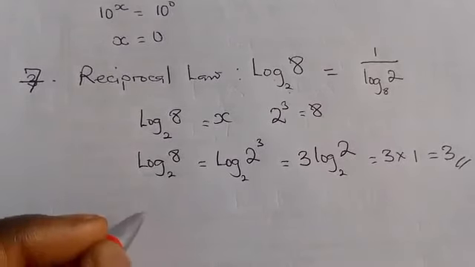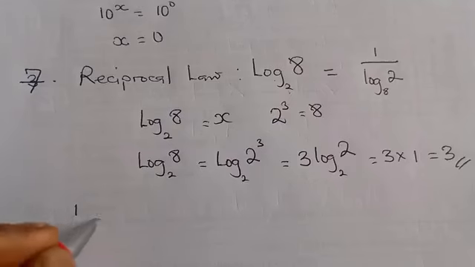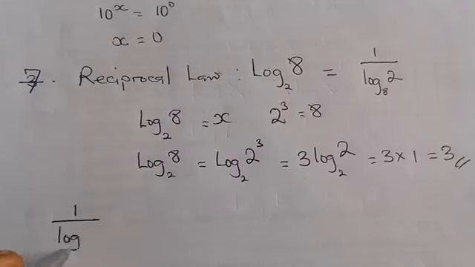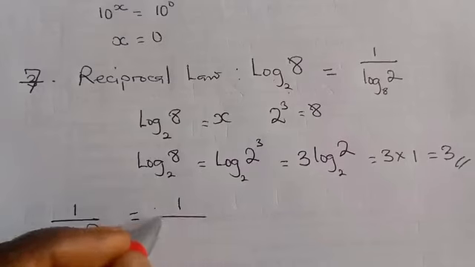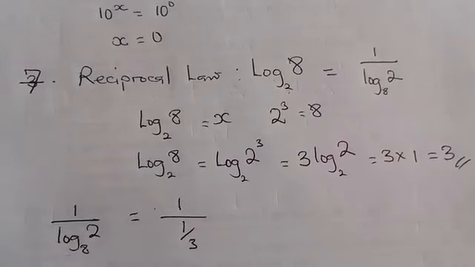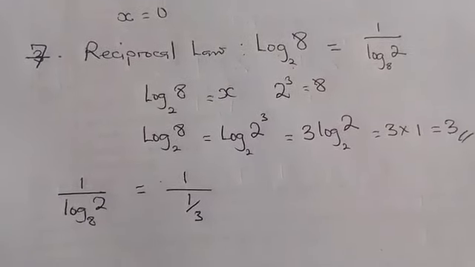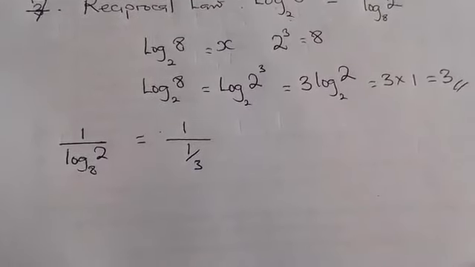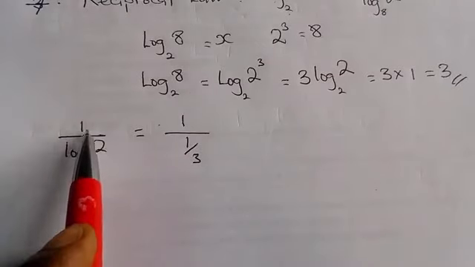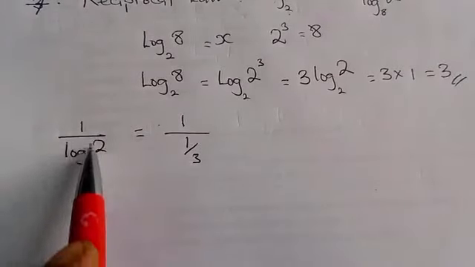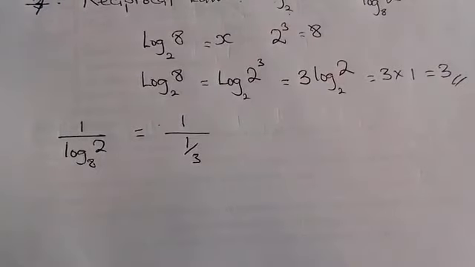Right? Now, when you have this, 1 over log 2 to base 8, this is equal to 1 over 1 over 3. How do we get this 1 over 1 over 3? We are going to prove it below here. For instance, let's leave this numerator alone and treat log 2 to base 8.